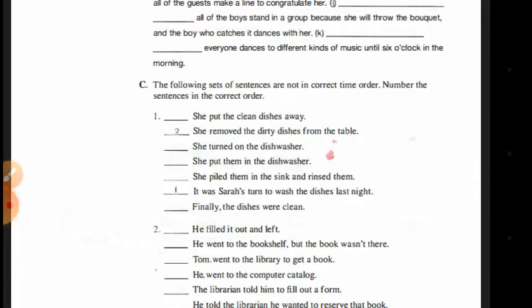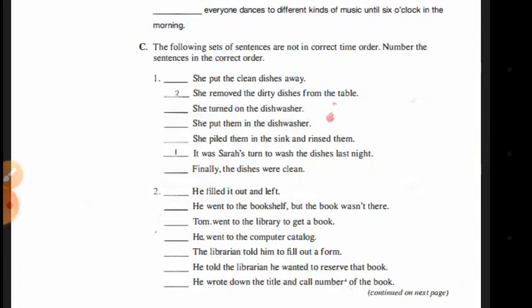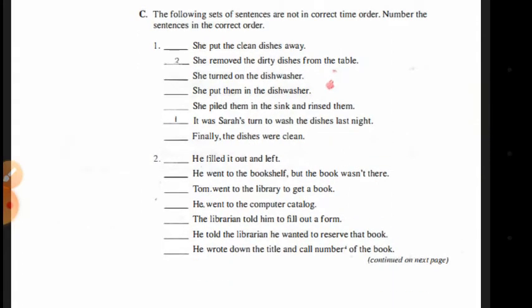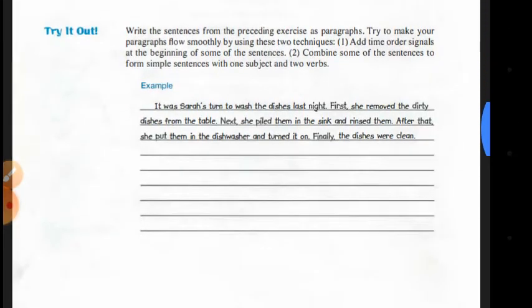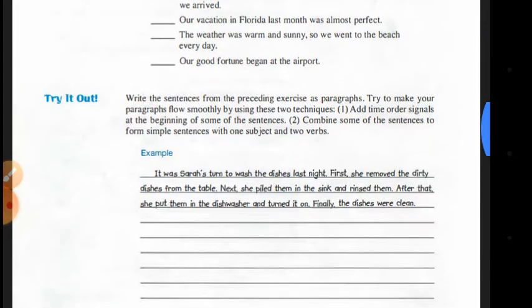Number the sentences in a correct order, 1, 2, 3. Then in 4, Try It Out, write the sentences from the preceding exercise as paragraphs like the following.